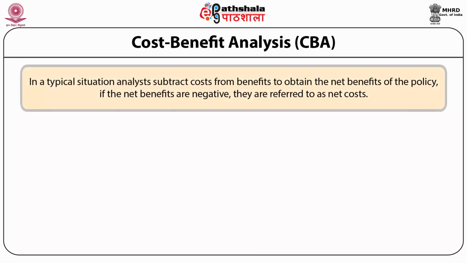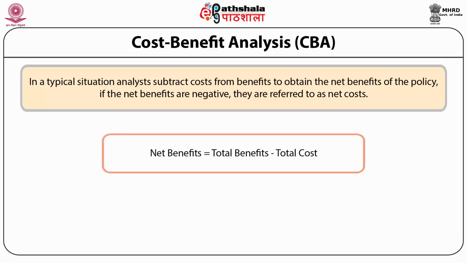In a typical situation, analysts subtract costs from benefits to obtain the net benefits of the policy. If the net benefits are negative, they are referred to as net costs. The formula for counting net benefits is: net benefits equal total benefits minus total cost.